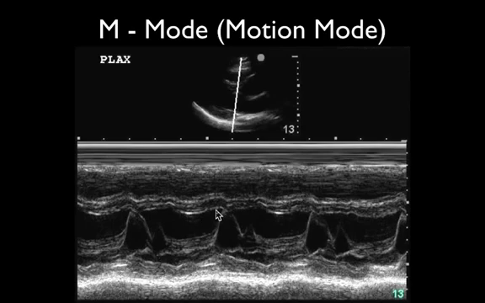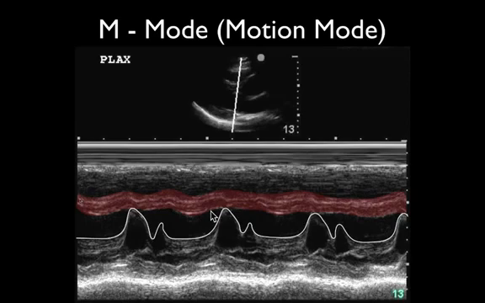Let's go ahead and see here what helps us identify those structures. Like I said, this is the septal wall that we're seeing across here, and this is the anterior mitral valve leaflet, and we can see what that is doing. We can see that it's coming up and it's actually slapping against that septal wall, then coming down in a relaxation phase.